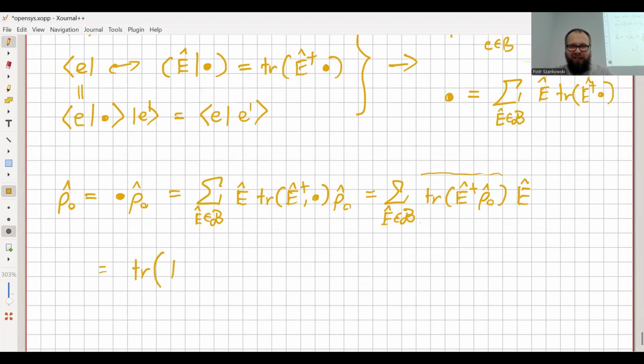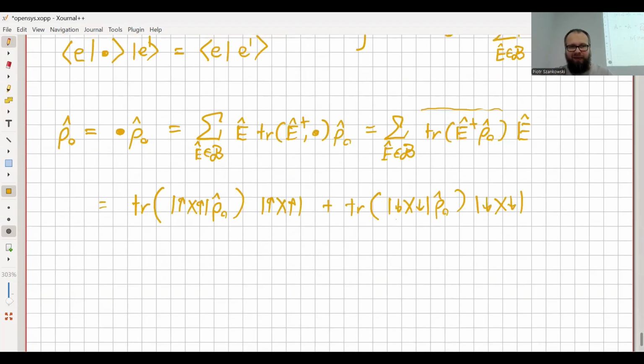So trace up, row 0, up, plus trace down, row 0, down, plus trace. So we have up, down, but dagger.